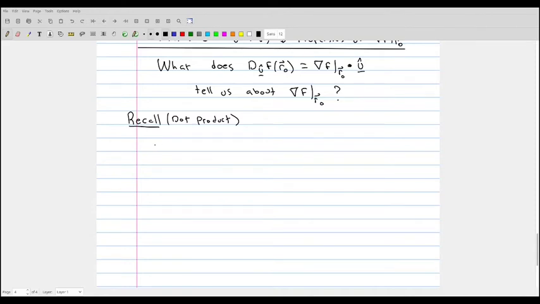For any two vectors, A and B, so you have a vector A here and a vector B here that are at some angle theta. They're pointing in different directions, and the angle between them, we call it theta.